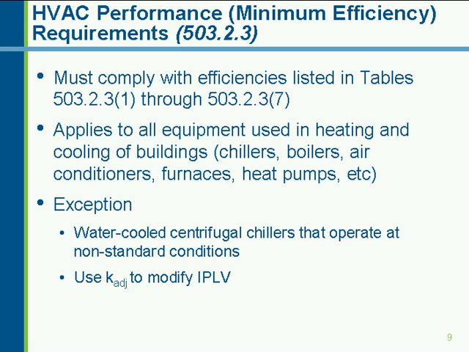And these tables and equipment efficiency requirements apply to all equipment used in heating and cooling of buildings, such as chillers, boilers, air conditioners, furnaces, heat pumps, etc. There is an exception from the requirements in the tables, and that is if you've got water-cooled centrifugal chillers that operate at non-standard conditions, there is an adjustment factor, called the K-adjust, that you can use to modify the IPLV, which is the efficiency metric used for chillers, integrated part load value.